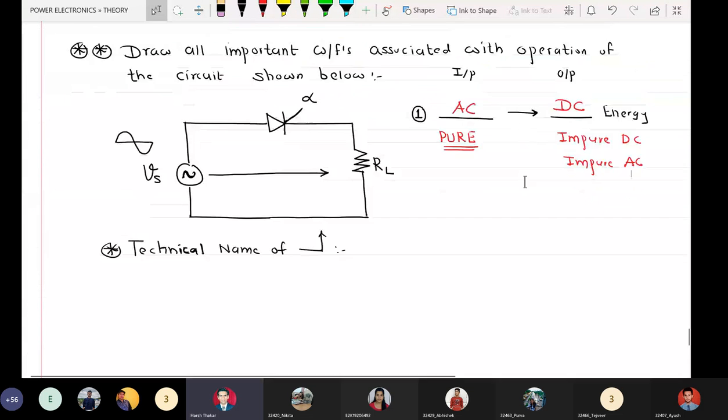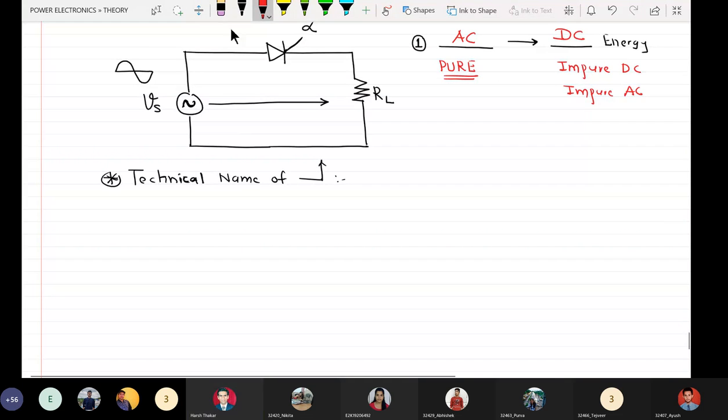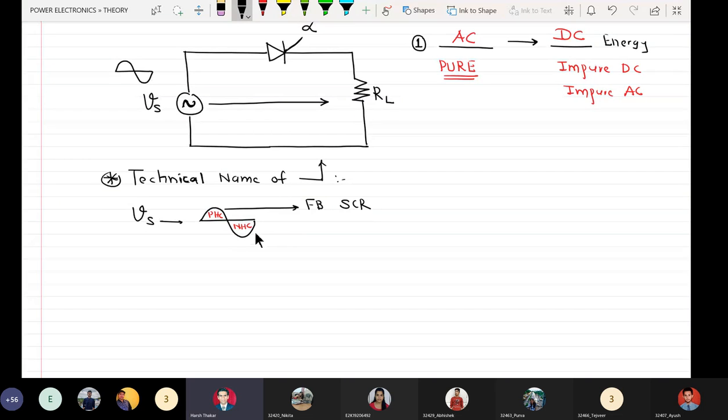So here the input Vs is a combination of positive half cycle and negative half cycle. The positive half cycle forward biases the SCR and the negative half cycle reverse biases the SCR.